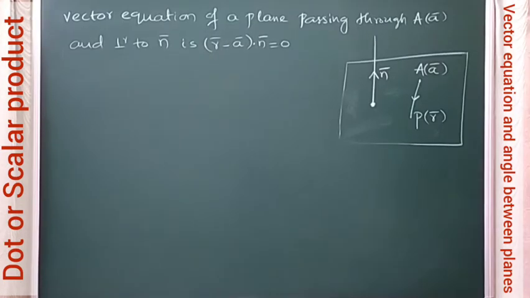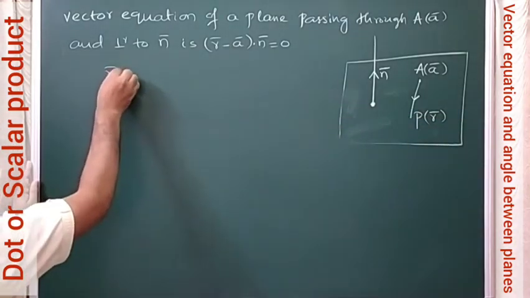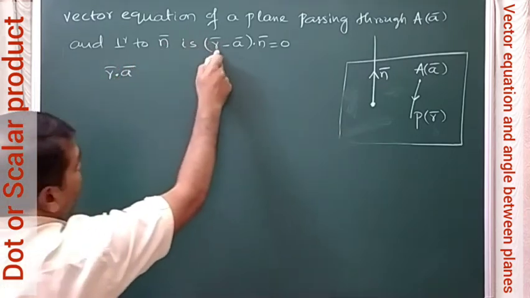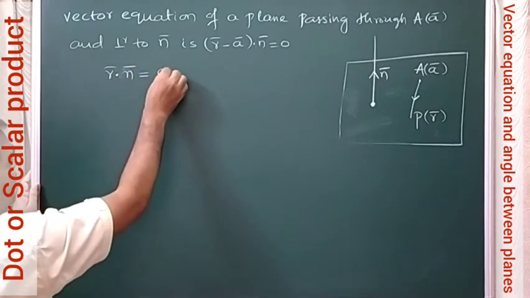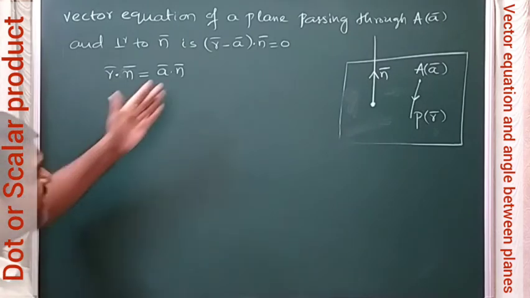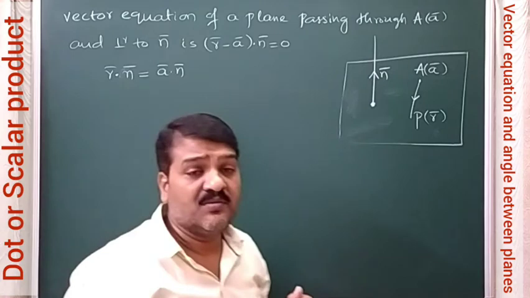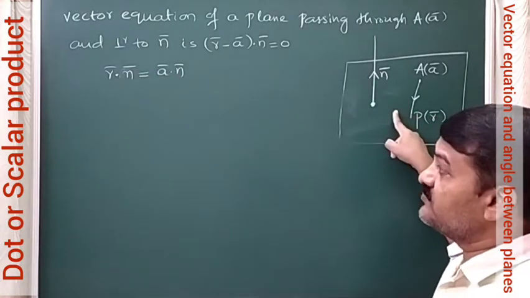So to discuss the normal form, let us take the equation which we just derived: r bar dot n bar is equal to a bar dot n bar. Just now we derived this. To get the normal form, what is n bar here? n bar is perpendicular to the plane.